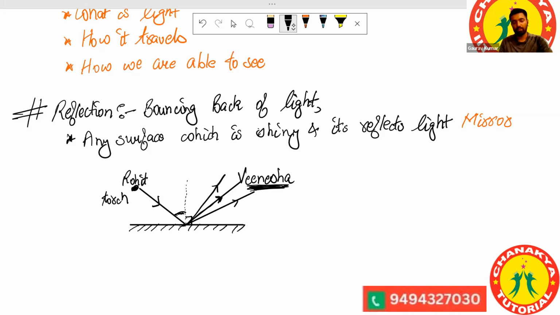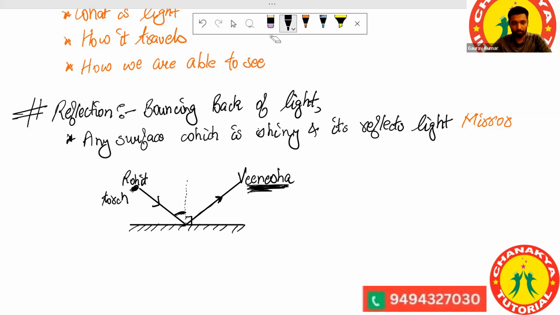It depends upon the angle of Rohit. So don't worry, we will discuss this angle and all. Understand this only, that if Rohit is standing on this side and Venetia on this side, then Venetia will be able to see the light coming from the torch which gets reflected from the mirror.